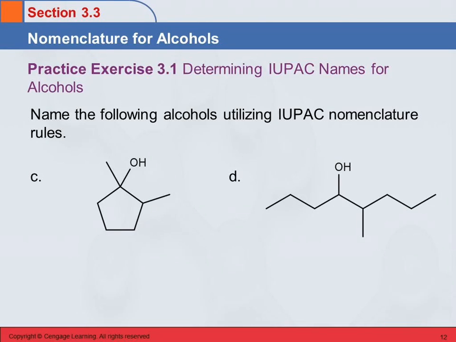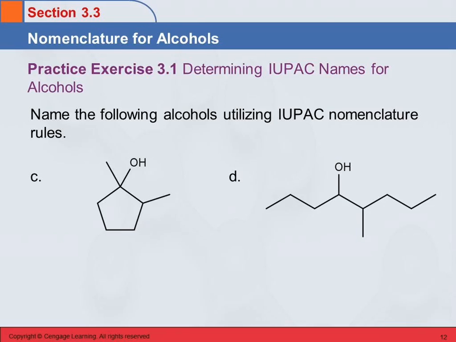Letter C. And we're always looking for the parent. And with IUPAC nomenclature, that's generally the larger part. So what's the largest part here? Well, it's this ring, isn't it? And that ring has how many carbons? It's got 5. So that means it's cyclopentane.